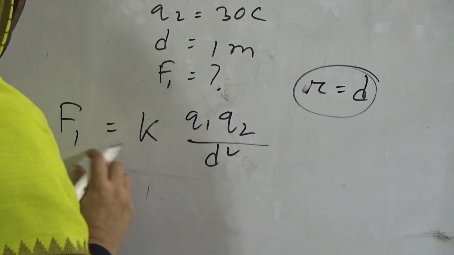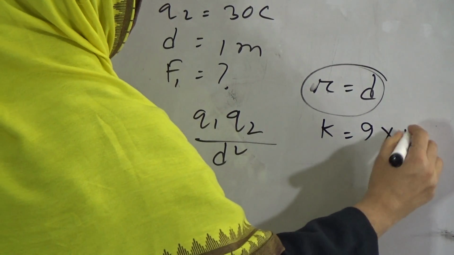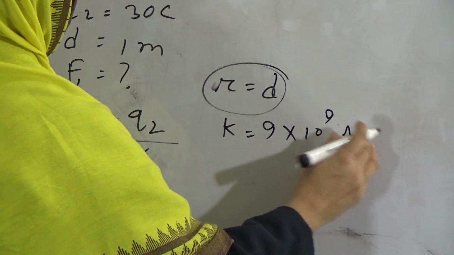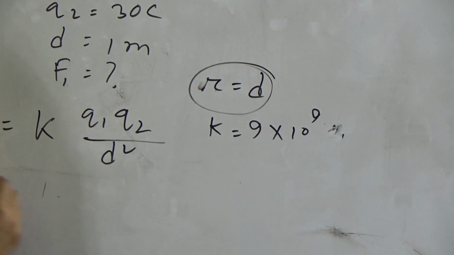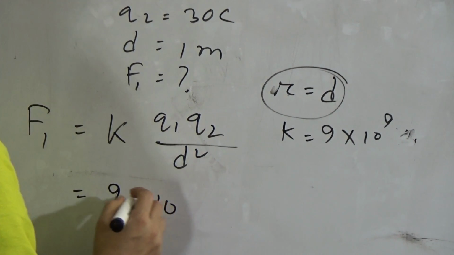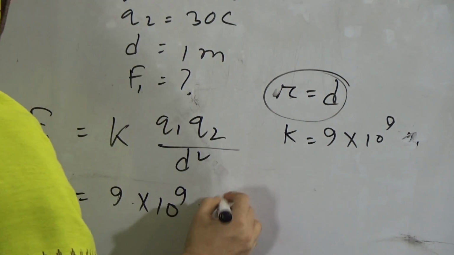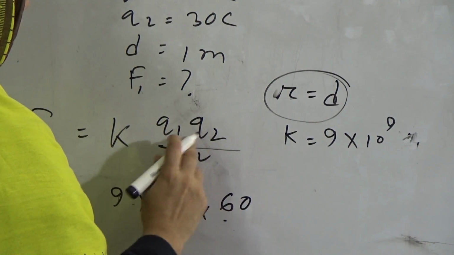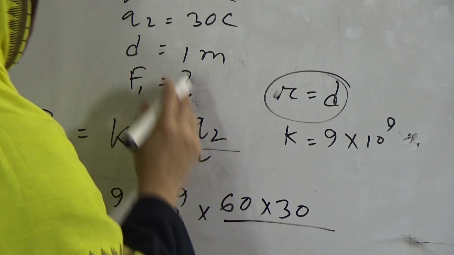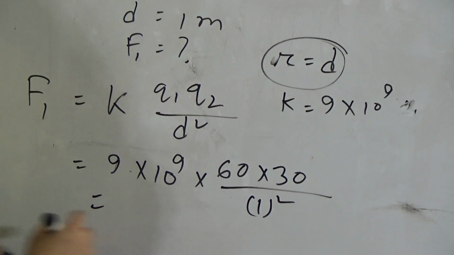We know the value of K, that is K equals 9 into 10 to the power 9 Newton meter square per coulomb square, and we will use this value here: 9 into 10 to the power 9 into charge Q1 which is 60 coulomb, into Q2 which is 30 coulomb, divided by D, here given 1 meter, square. Okay, so this is an easy calculation.